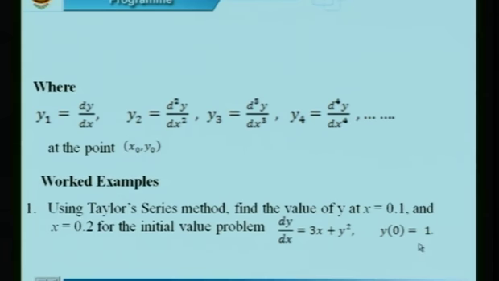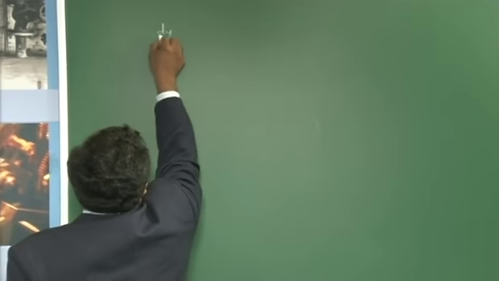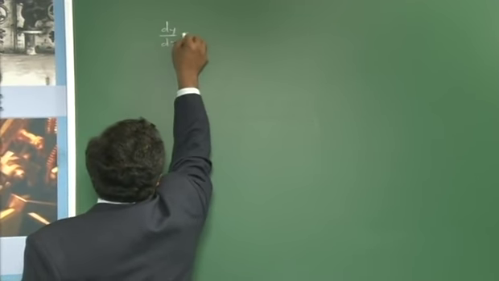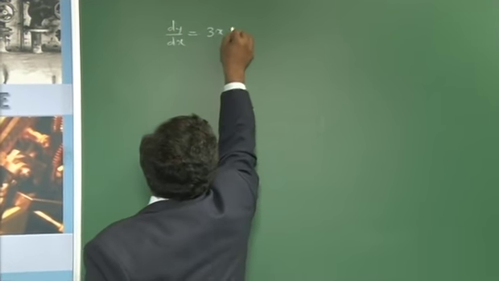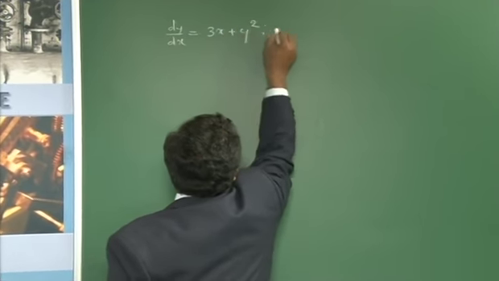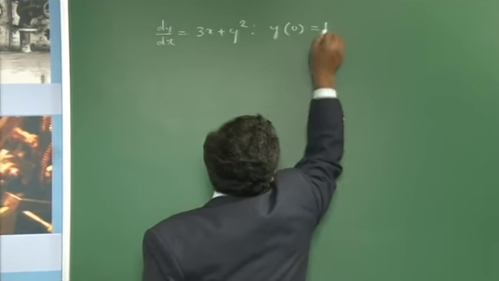I will solve this problem on the board. So dy by dx equal to 3x plus y square with the initial condition y of 0 equal to 1.